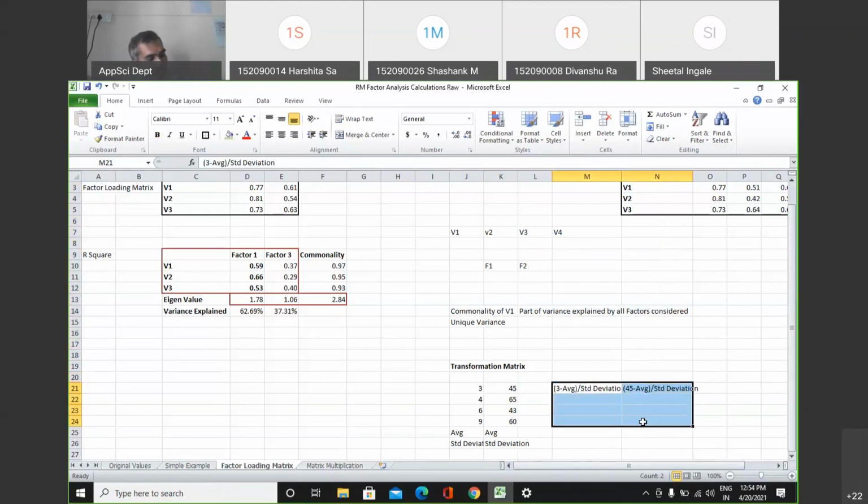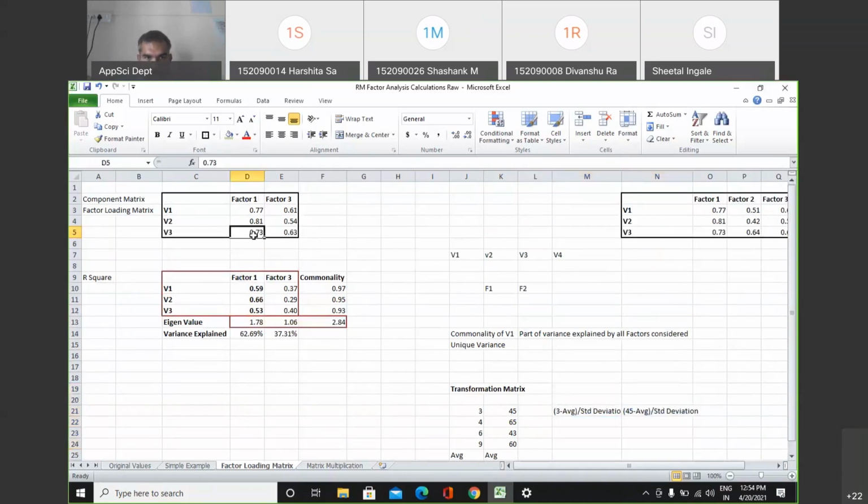That standardization matrix can be used as the transformation matrix, so that we multiply the factor loadings matrix with the transformation matrix and get a slightly rotated factor.